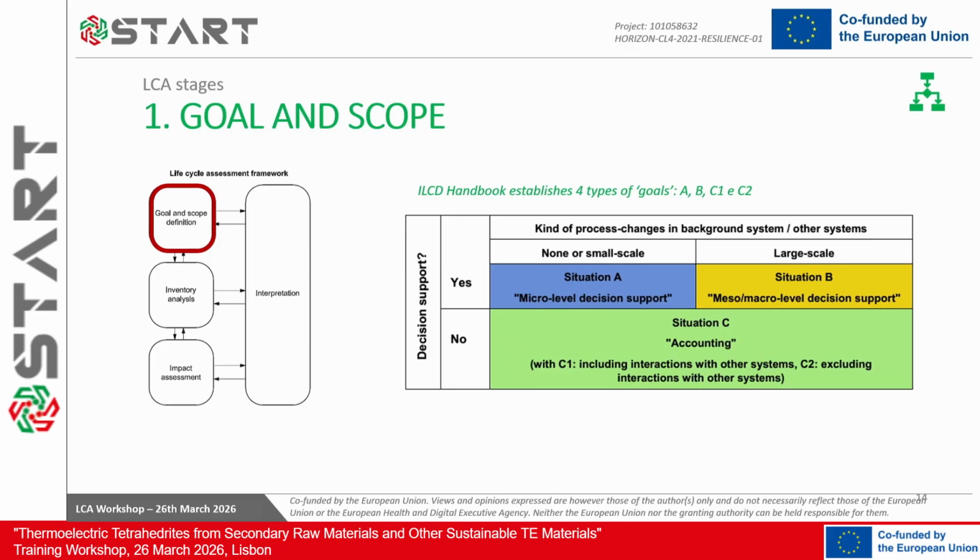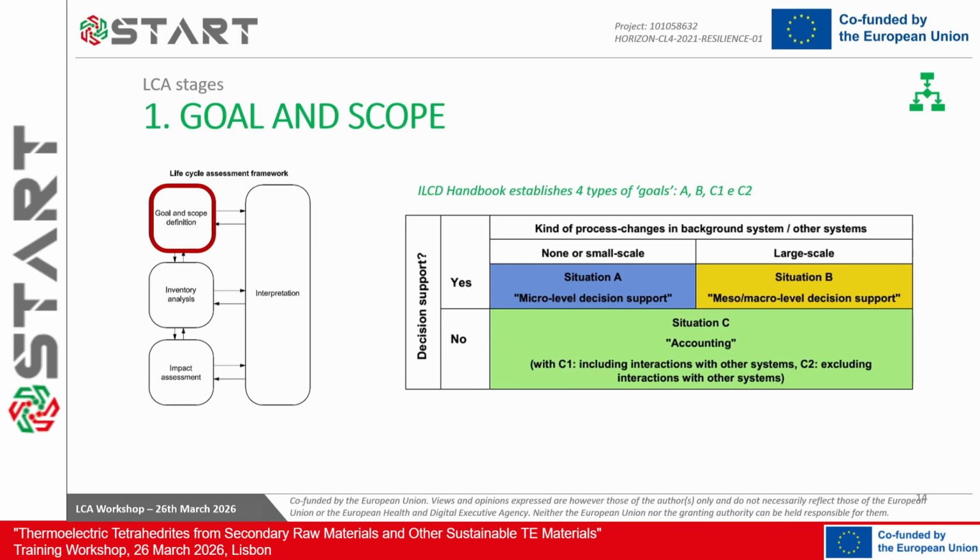So we will be able to do, or have as alternatives to do, an LCA only to do the accounting of the life cycle assessment, so life cycle impacts, maybe for the purpose of knowing the absolute values of the environmental impacts of a given product.